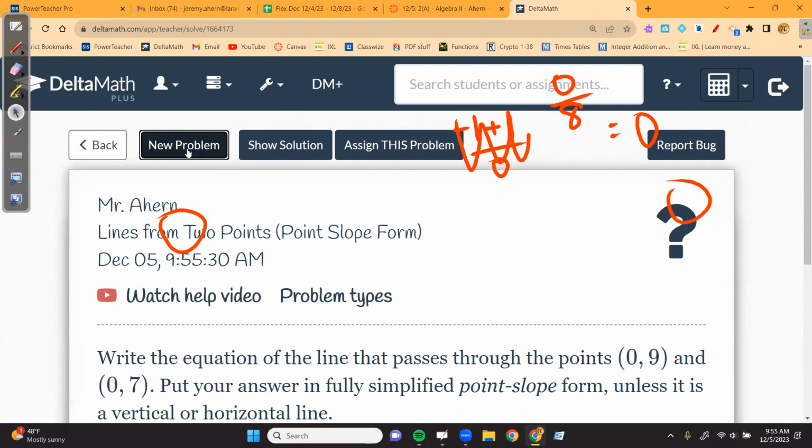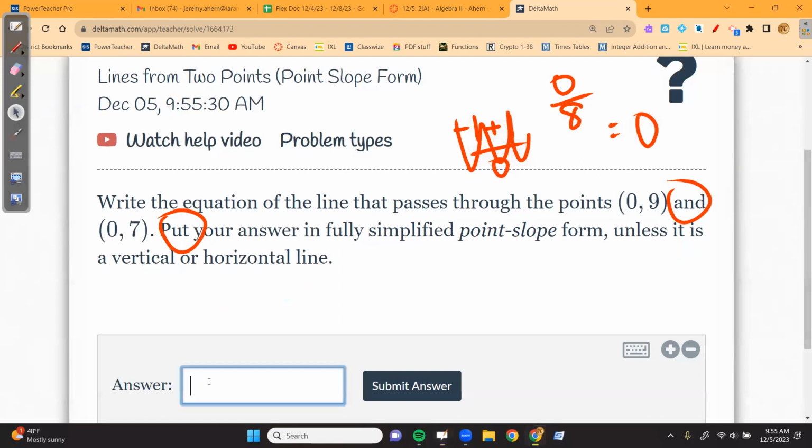And what is the slope? It's undefined. And if it's undefined, what kind of line is it? Vertical. And how do we write the equation of a vertical line? X equals 0. And again, it's common sense, because you can literally see, this one has an x that equals 0, and this one has an x that equals 0. So the equation kind of defines itself, right? So that's what you're going to be up against on Delta.